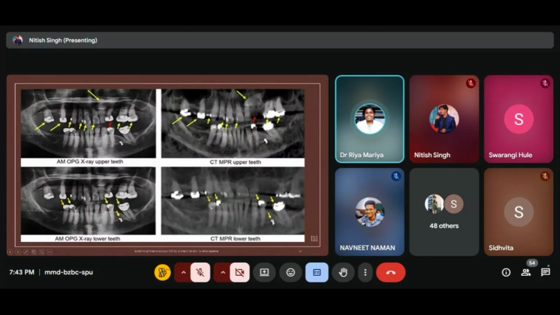Okay, in this case there was a dental record, because we got the antemortem X-ray, so surely an antemortem dental record will be there. In the antemortem dental record, it was clearly written that the red arrow indicates the tooth, and the patient came for extraction or removal of that tooth, so the removal was done before death.